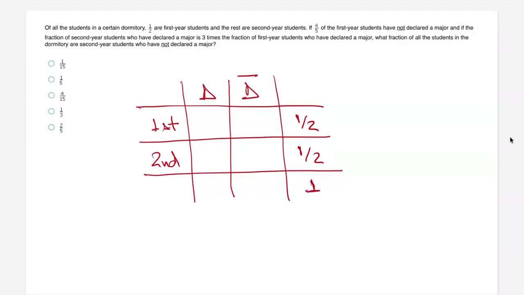A whole. 4/5, not of the total, of the first year have not declared a major. So 2/5 are first year and have not declared a major.